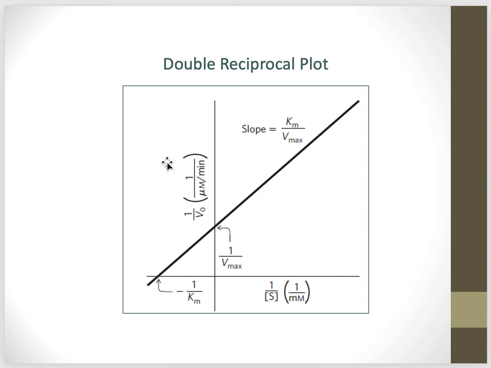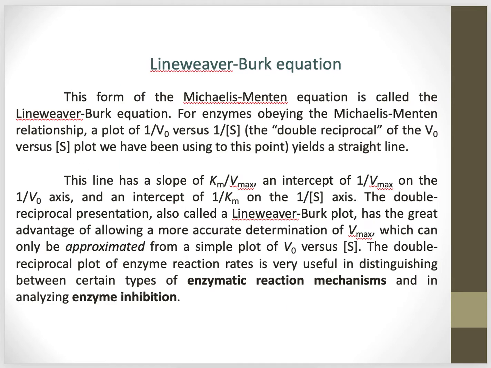So what do we understand from this graph? This form of the Michaelis-Menten equation is called the Lineweaver-Burk equation, that means the straight line equation.